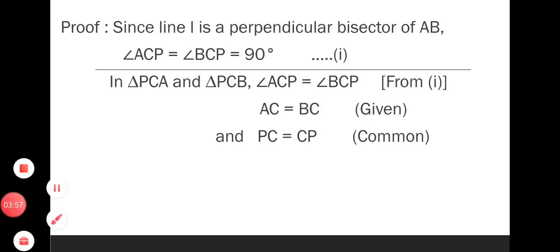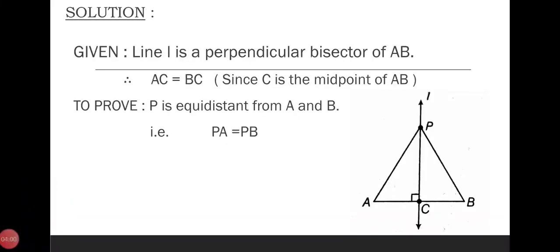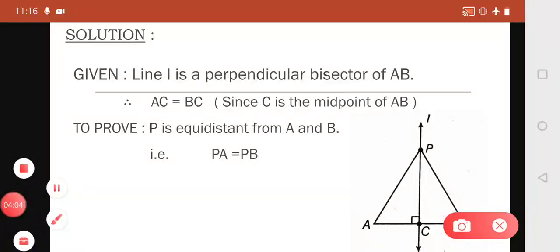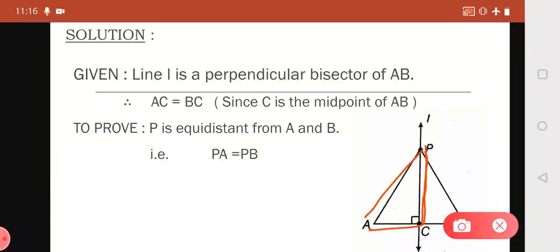Let's once see in the figure. Yes, in triangle PCA and triangle PCB, we have AC equal to BC. This is given. Angle ACP equal to angle BCP, both are 90 degrees.